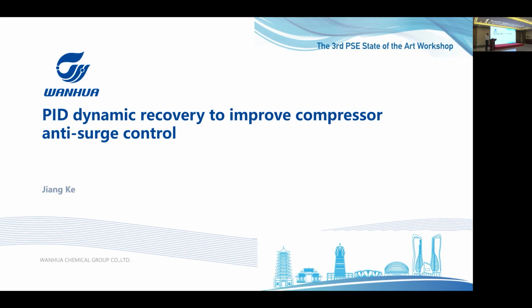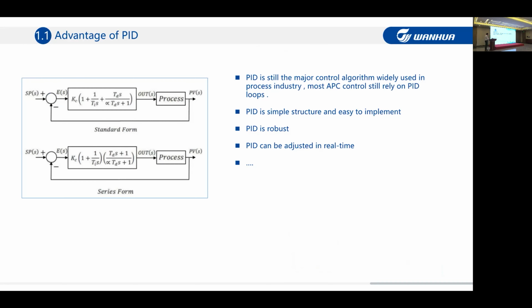So this brings me to my slide here. First let me repeat the advantage of the PID, because in these two days we have had much information on machine learning, neural networks, AI.